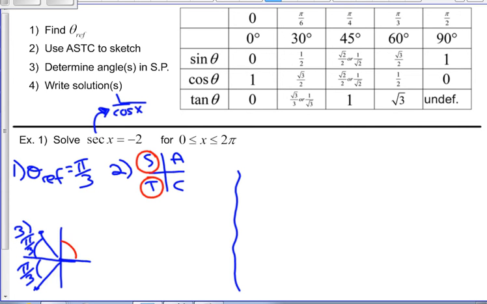So the very first one would be 180, or pi, minus the pi over 3. Pi minus pi over 3. Okay, and that would give us 2 pi over 3. Just convert to a common denominator. The next one would give us pi plus pi over 3.